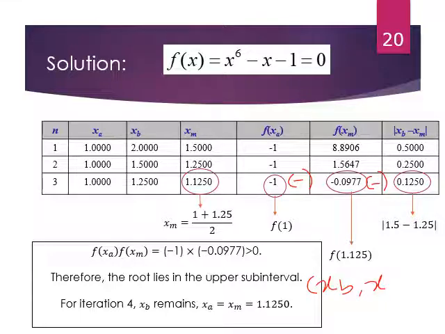Sorry, it is the other way around: for the next iteration we choose xm, xb, the upper subinterval, where xa changes to xm and xb remains xb.